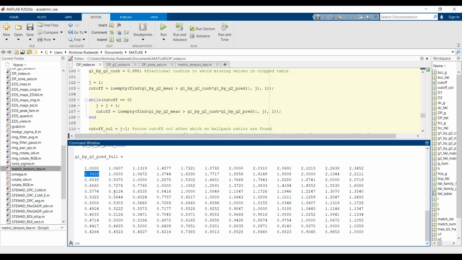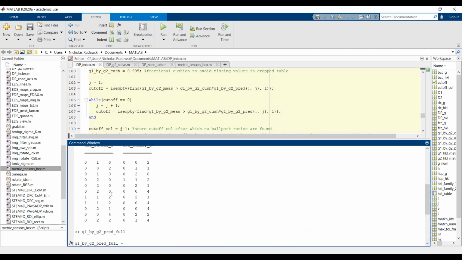But anyways, here's what we have with the table. This is telling us that G1 would be the first G vector and G2 would be the second. If we look here, that mathematically can certainly work. This one can't, because we have non-zero L and non-zero L. These other ones can all be eliminated for the same reason.